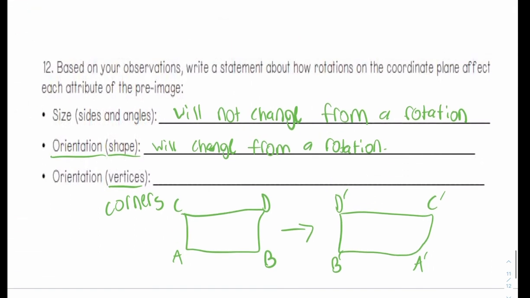No, they did not. The orientation of the vertices does not change. Rotation does not change the orientation of vertices. What does change the orientation of the vertices is the reflection.